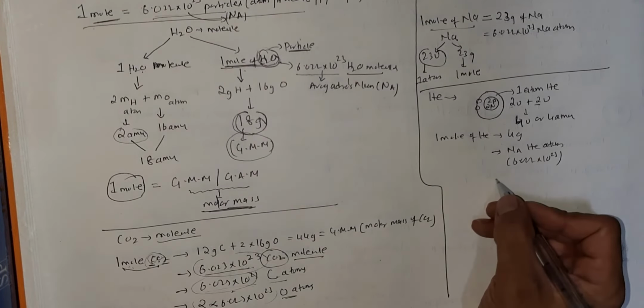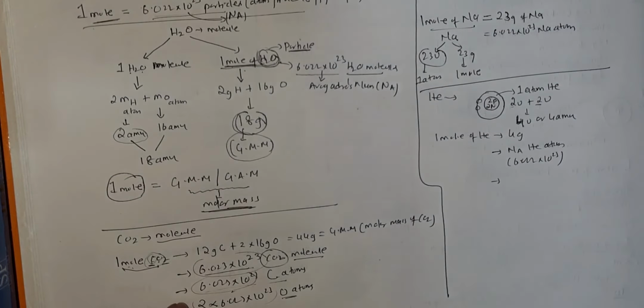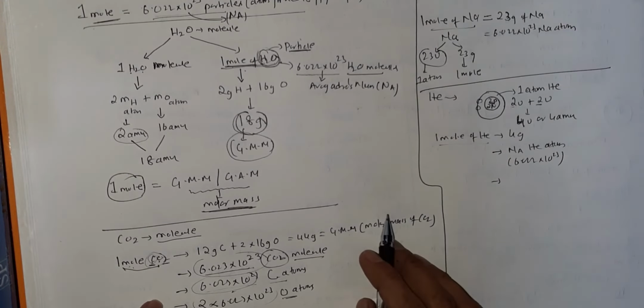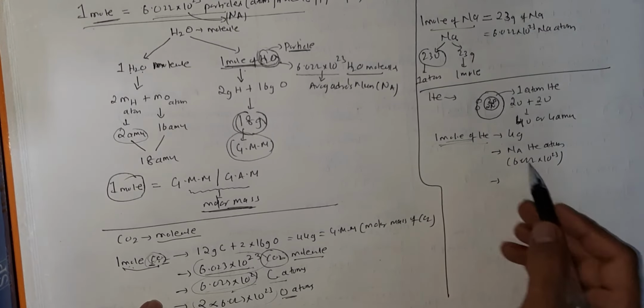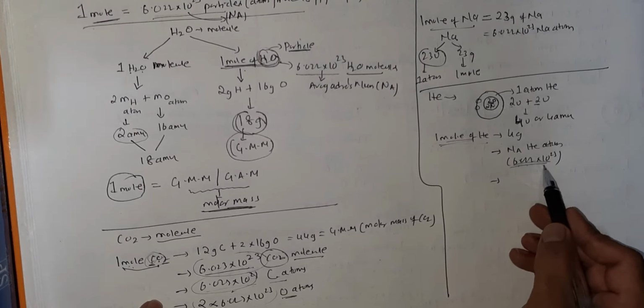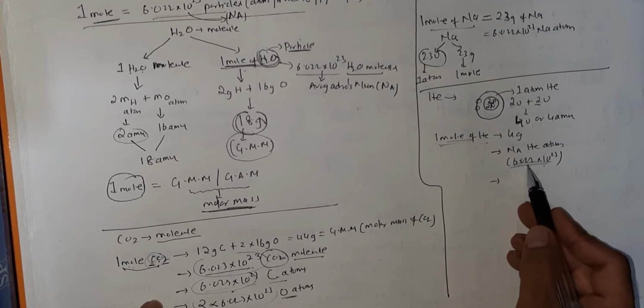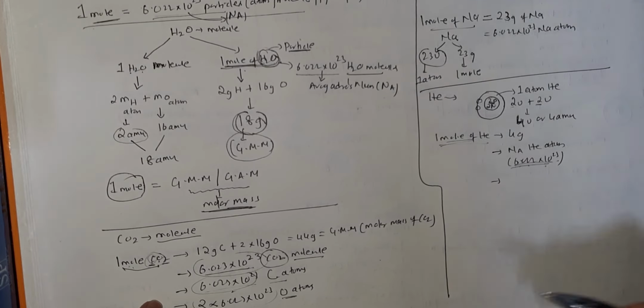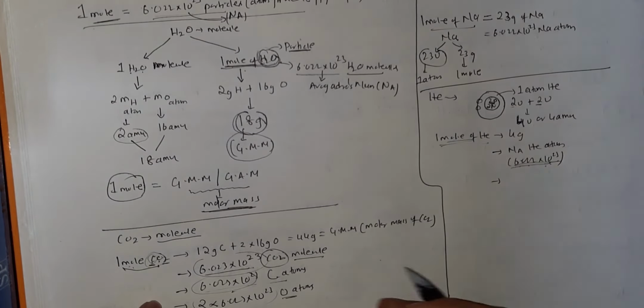Now listen to me properly. If I ask you how much proton is present in 1 mole of helium, 1 mole of helium means 6.022 into 10 raised to 23 helium atoms. Not 1000 helium, not 10,000 helium. It will be far more. This value is humongous.